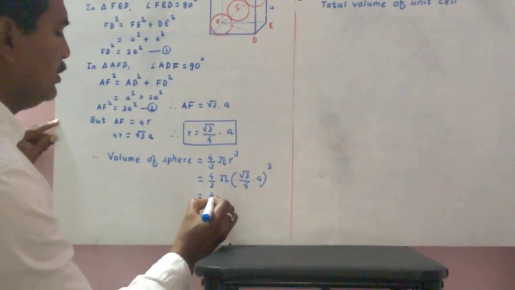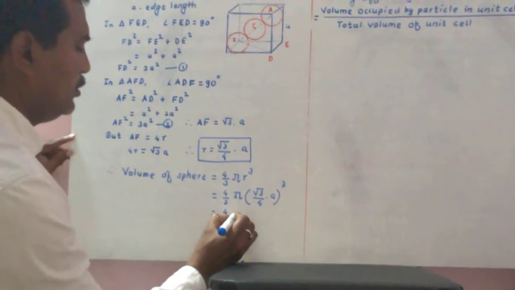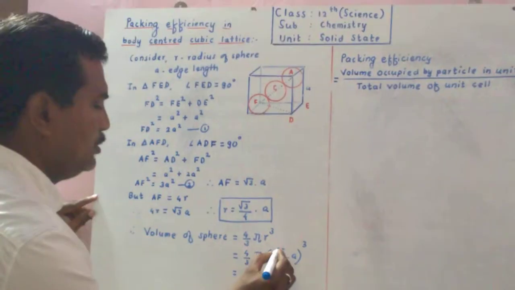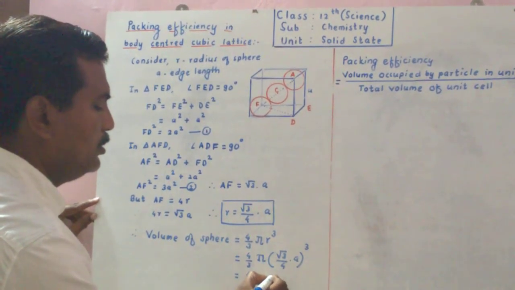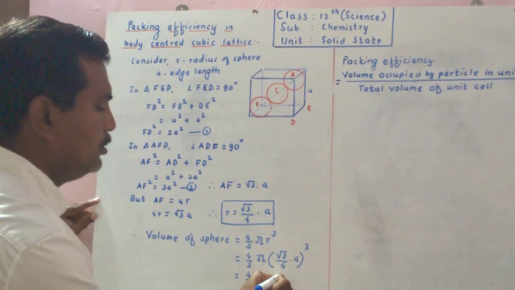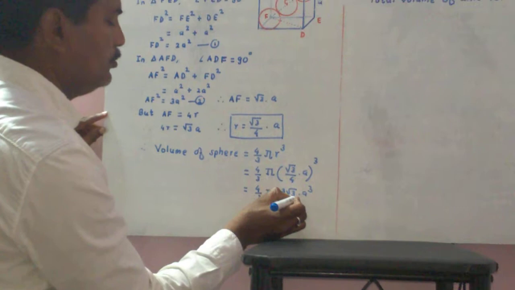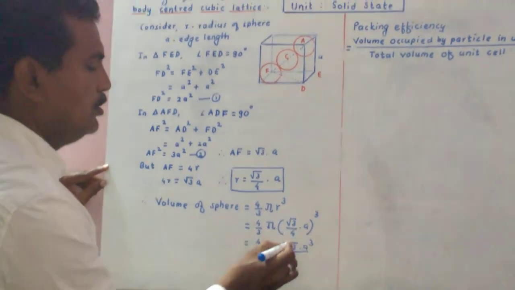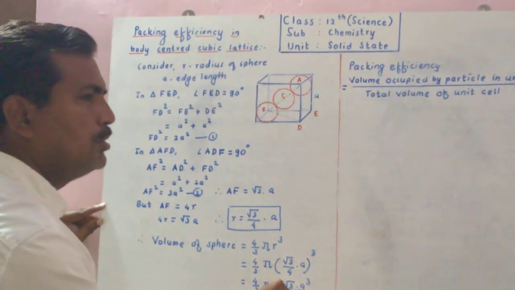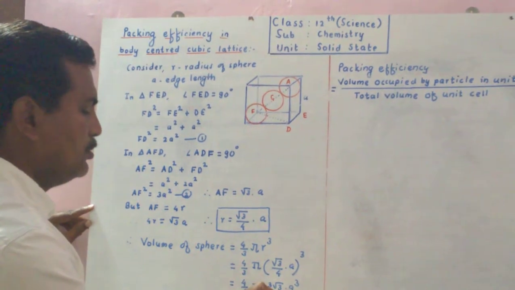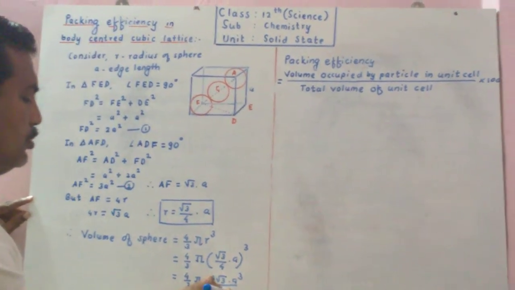So it will be 4 by 3 into pi, so root 3 cube, that is 3 root 3 into a cube, and cube of 4 is 64, 4 into 4 into 4.